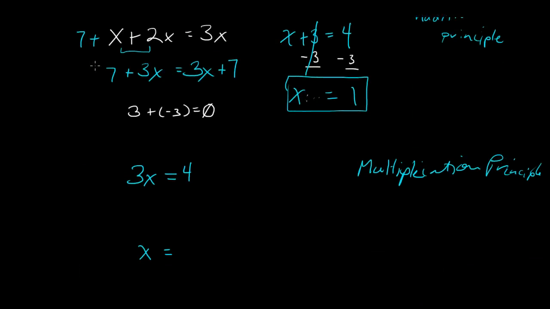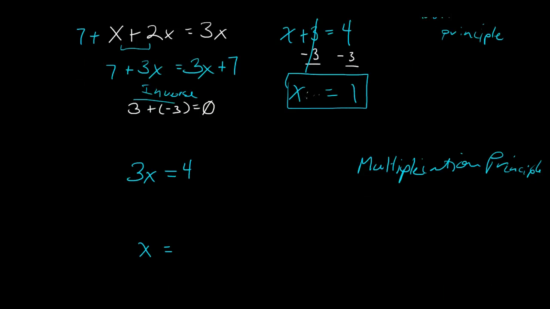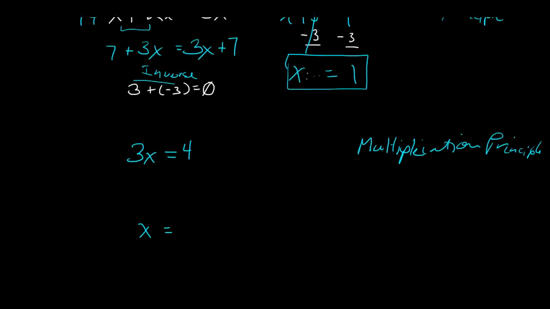We add the opposite in the addition principle in order to get the identity. We add the inverse, the additive inverse. So now, instead of adding the opposite or adding the inverse, we are going to multiply by the multiplicative inverse, or in this case, the reciprocal.